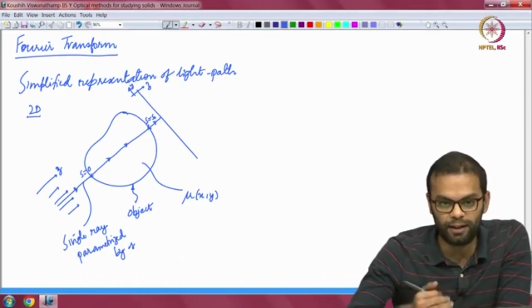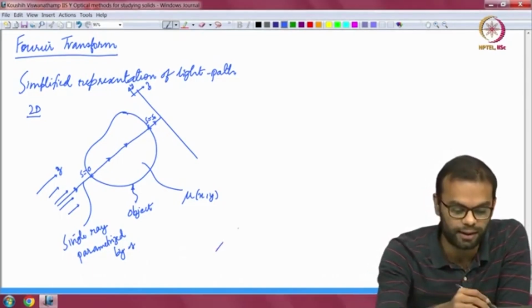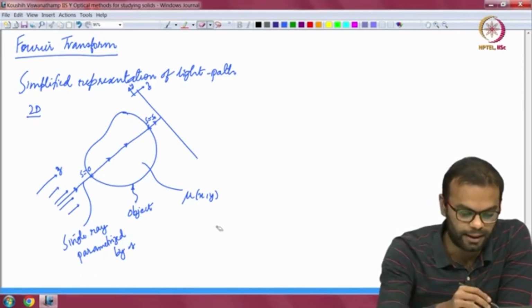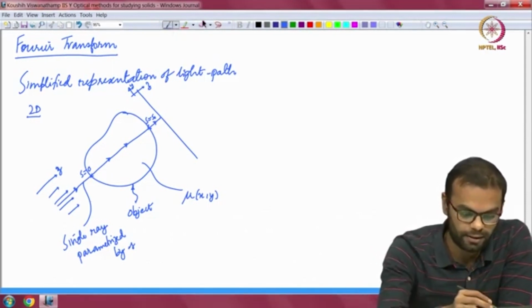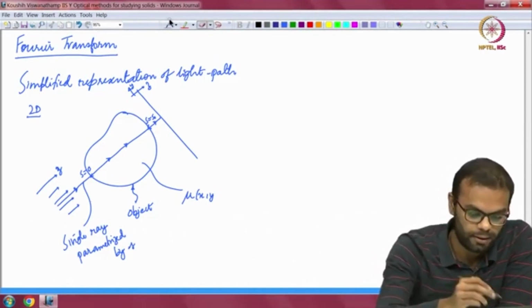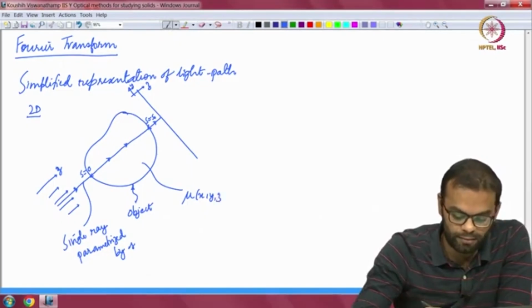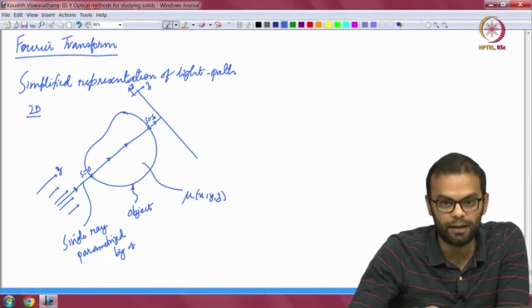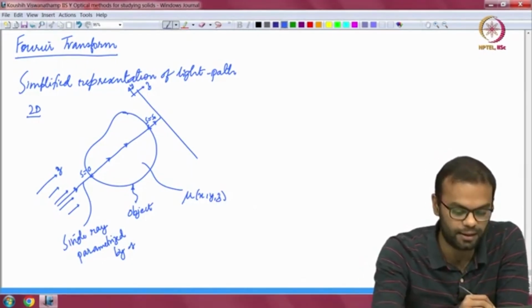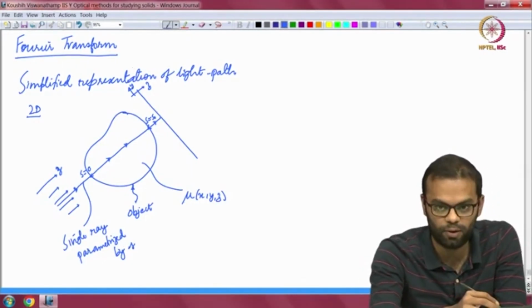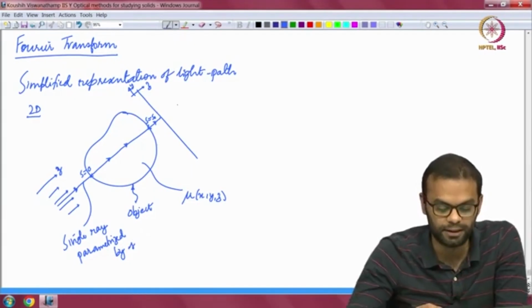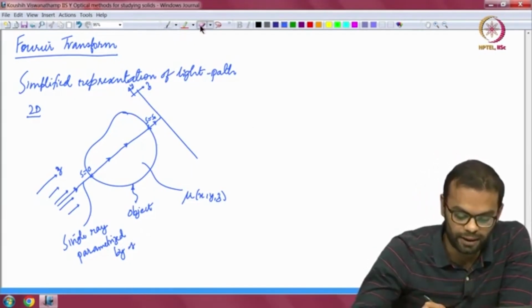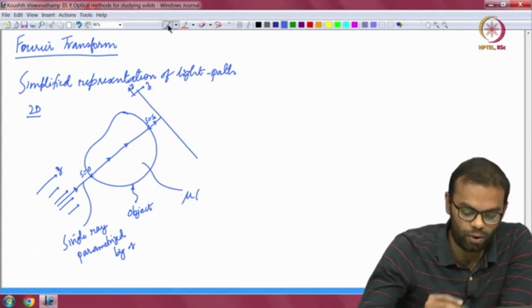But let us assume that the variable is mu, and it is a function of X, Y and Z, but in this case because it is 2 dimensional we are only looking at the YZ plane. Remember Y is like this and Z is like this, a detector which was originally a screen now looks like a line, it is a 2 dimensional version. So we will drop the X dependence and look only at Y and Z.